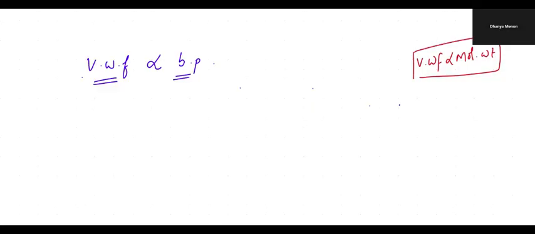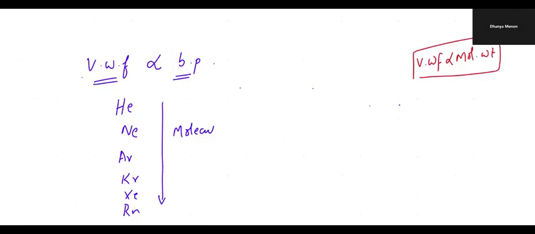Okay. So for example, if I have helium, neon, argon, krypton, xenon, and radon, as you're coming down, what is happening to the molecular weight? Molecular weight increases down the group.